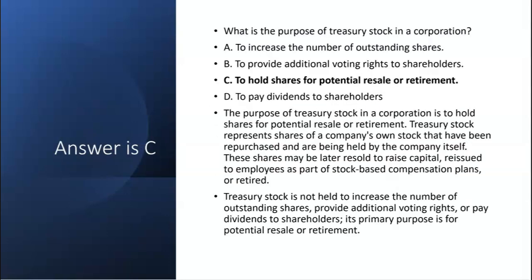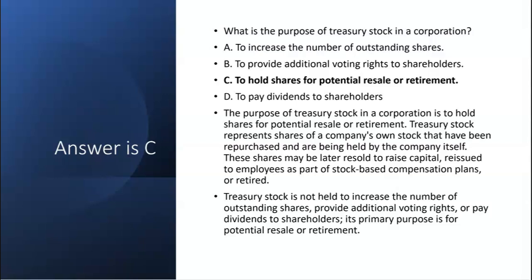The purpose of Treasury Stock is to hold shares for potential resale or retirement. Treasury Stock represents shares of a company's own stock that have been repurchased and are being held by the company itself. These shares may be later resold to raise capital if the stock price goes up, reissued to employees as part of a stock-based compensation plan, or the shares can be retired and taken out of circulation.